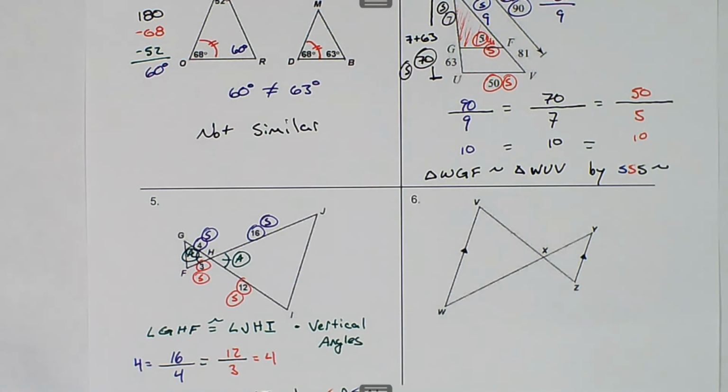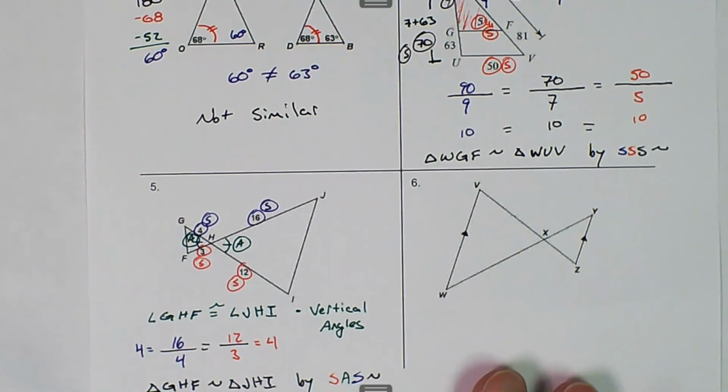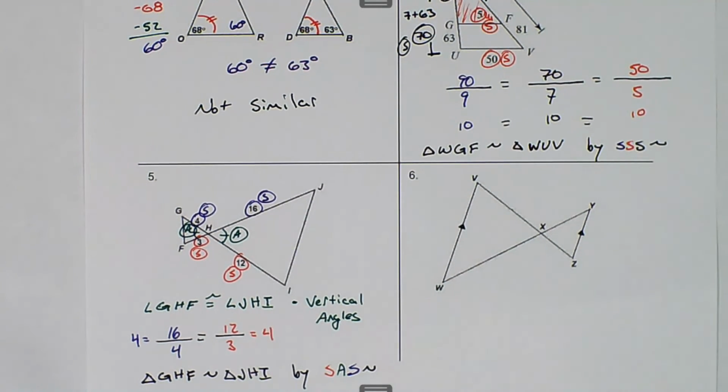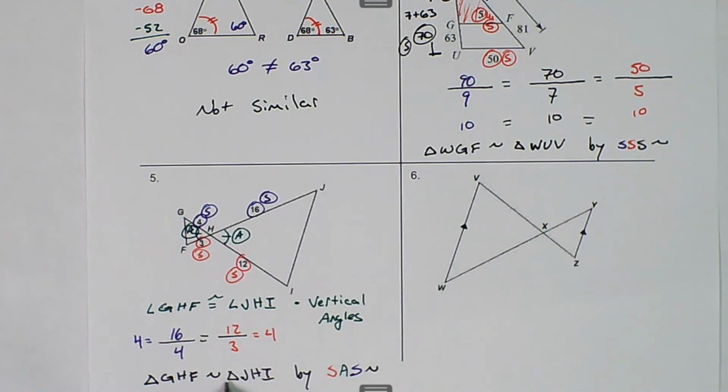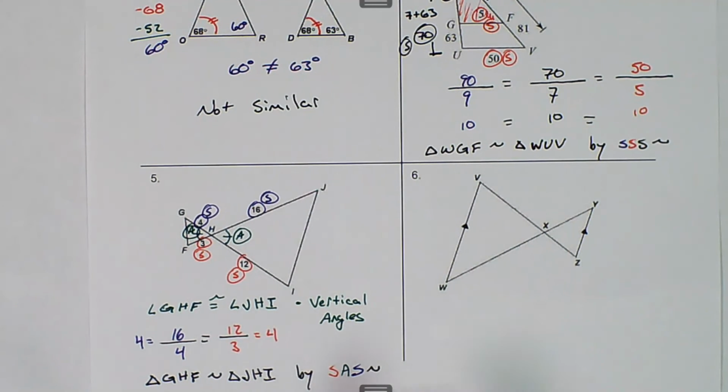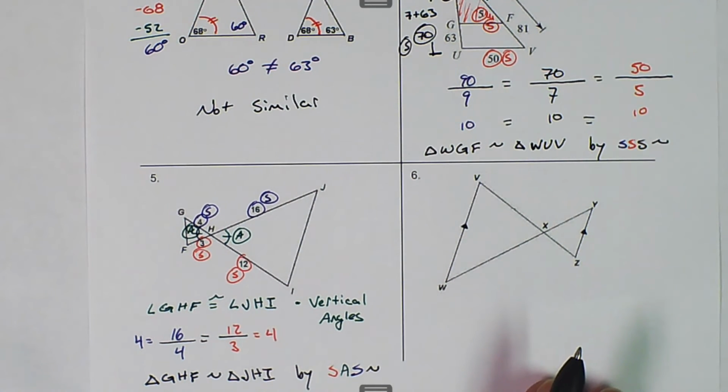In our last example, so that was triangle GHF is similar to triangle JHI by side, angle, side, similarity.